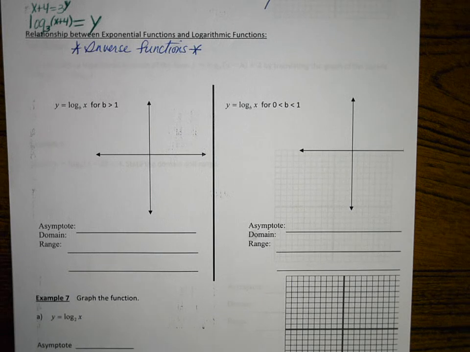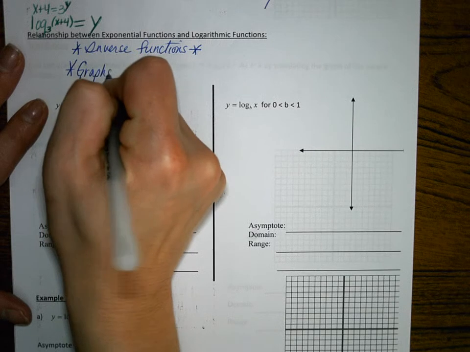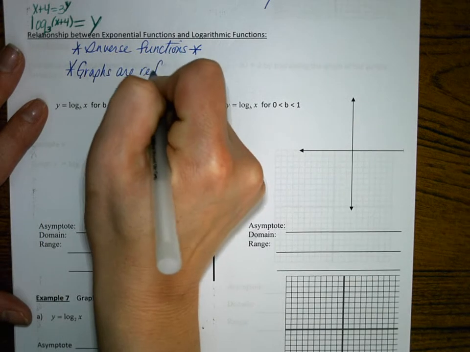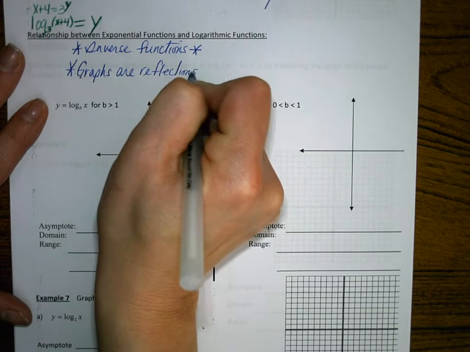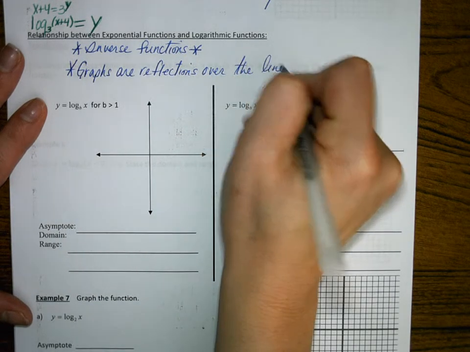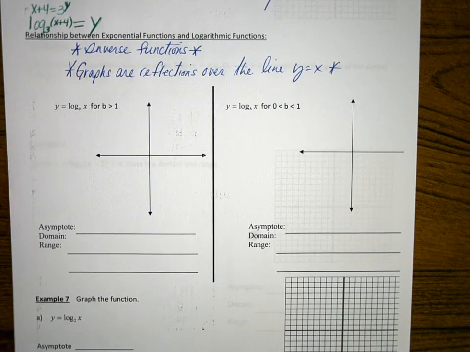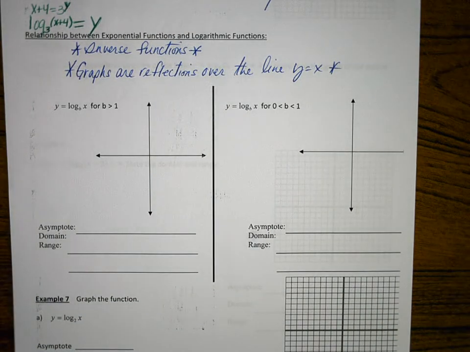What do we know about the graphs of inverse functions? They reflect over what? You bet. The graphs are always reflections over the line y equals x.